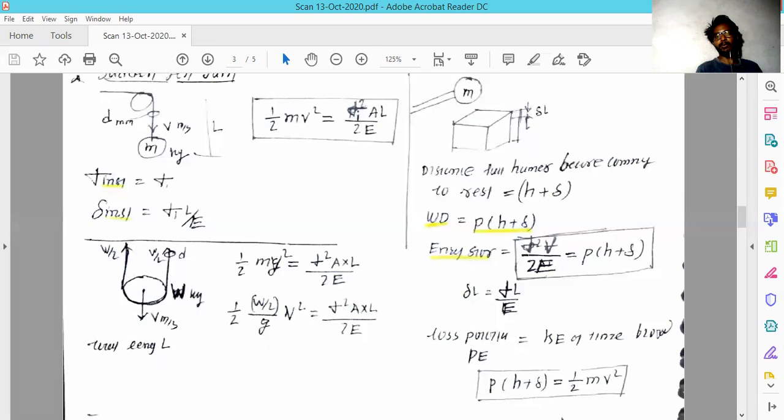So the total displacement is h plus delta. The total work done is going to be force times height. This entire work is going to be equal to the strain energy, because here we have taken only the potential energy.